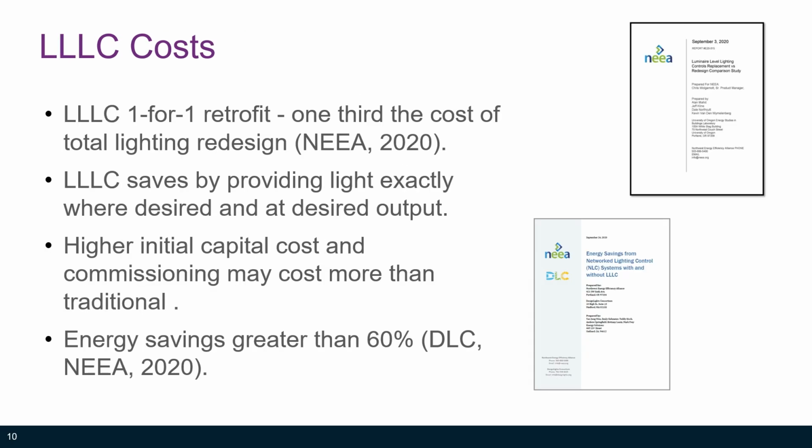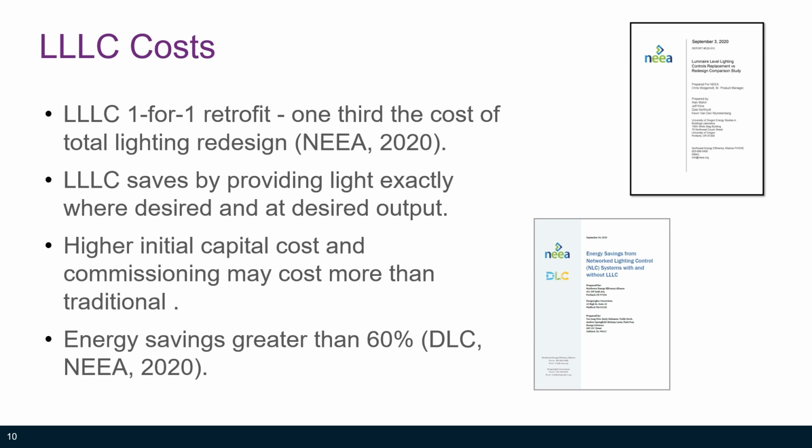The Northwest Energy Efficiency Alliance, in a study from 2020, found that in a one-for-one replacement of fluorescents, luminaire level lighting control LEDs was one-third the cost of a total networked lighting control redesign.